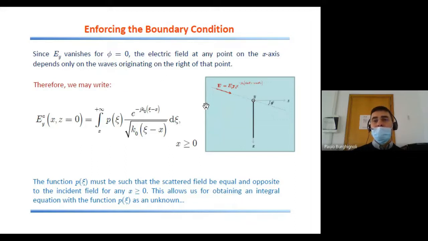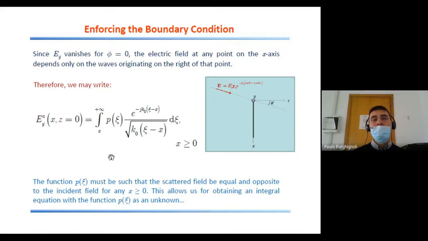So you can imagine a continuous distribution of sources whose density is here called P of psi. Psi is the integration variable. And the electric field observed at some location x by the sources that are on the right of this location, so you need to integrate it.